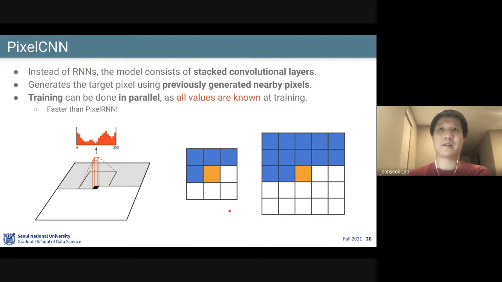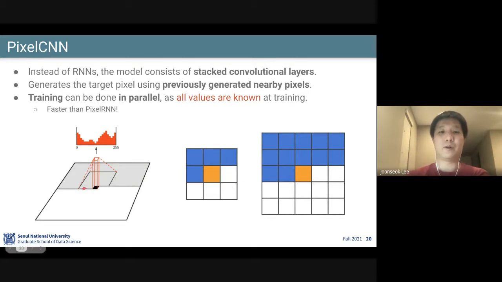They generate row by row, and in the same row they generate from left to right. Given a 3 by 3 corner like this, given this center, all the rows above and the left in the center row, these 4 are previously generated, which is known. The other 4 are not known.